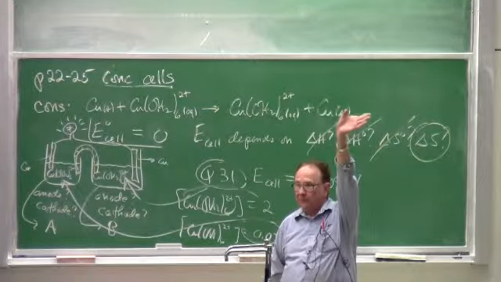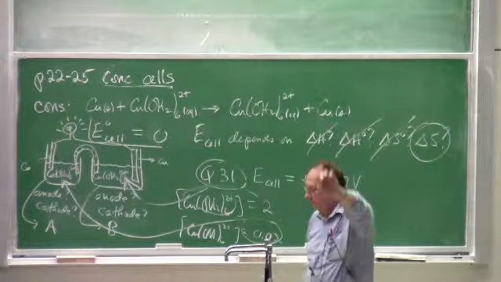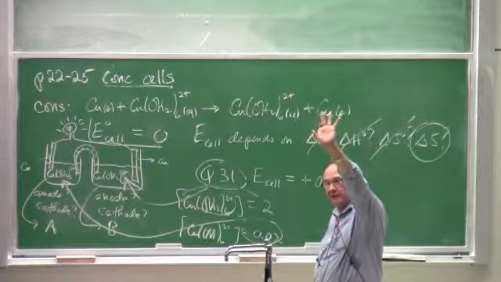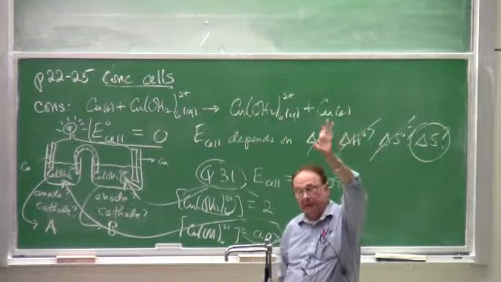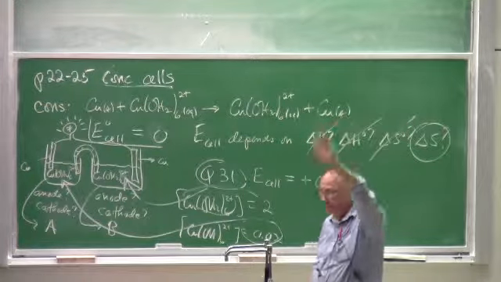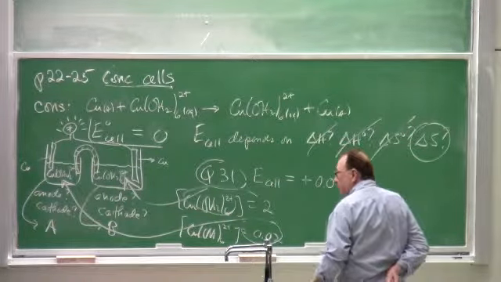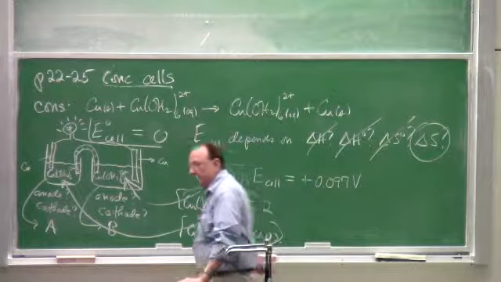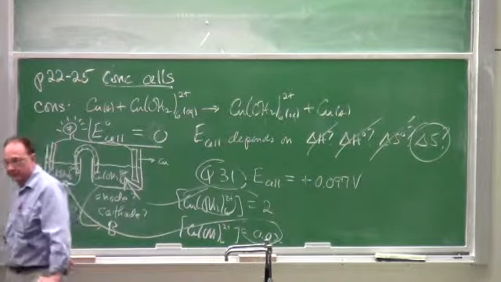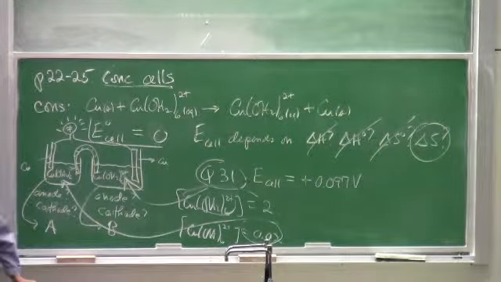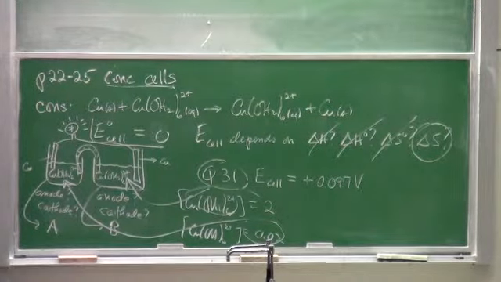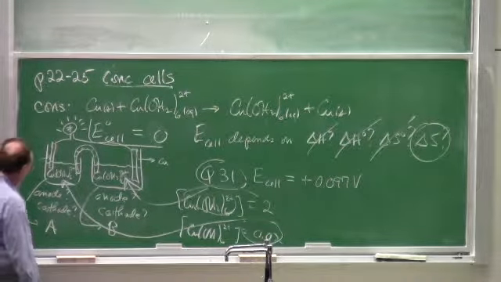Any votes to support that? Any votes to support that B is the anode compartment? Bunch of non-voters again. You get to drink the 2 molar copper ion. Or did I already give that to the other people? I'll make something else up.